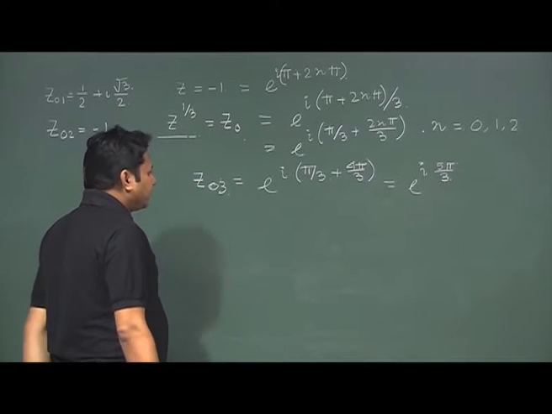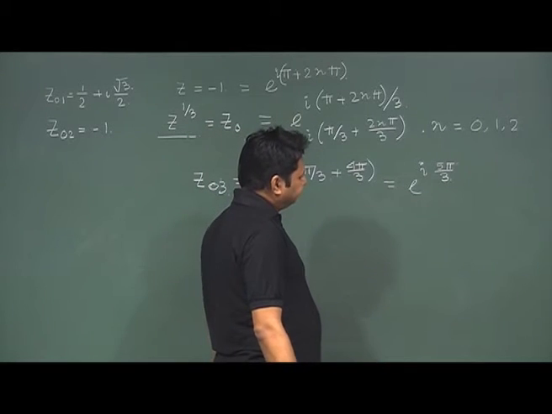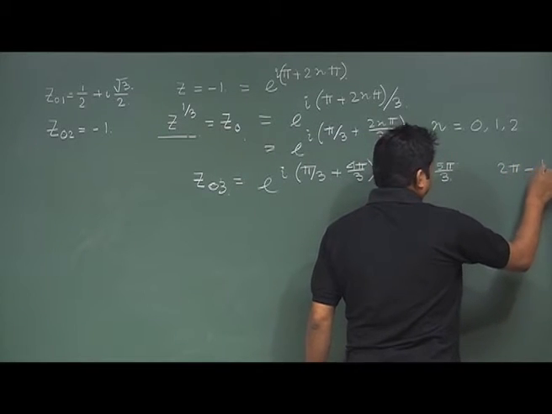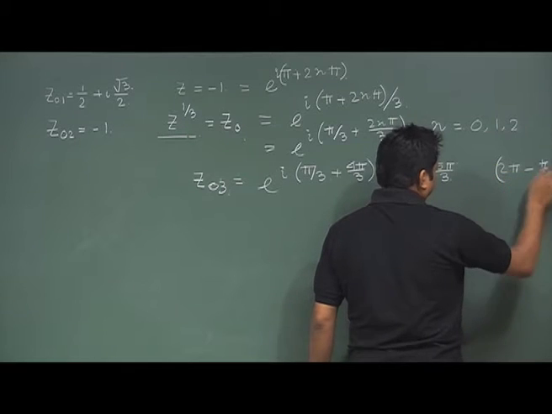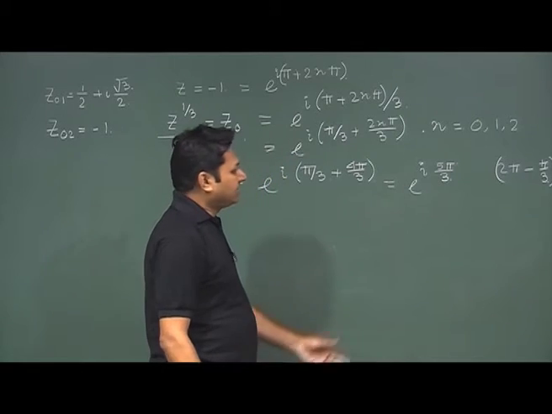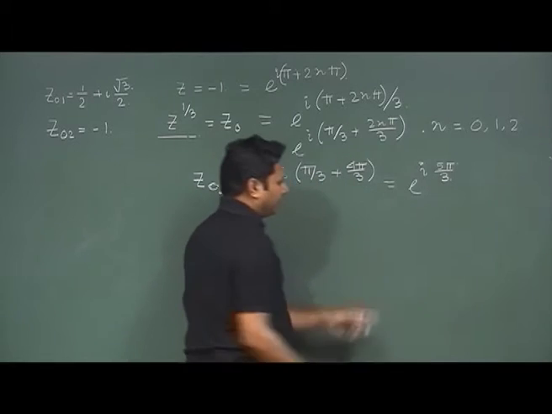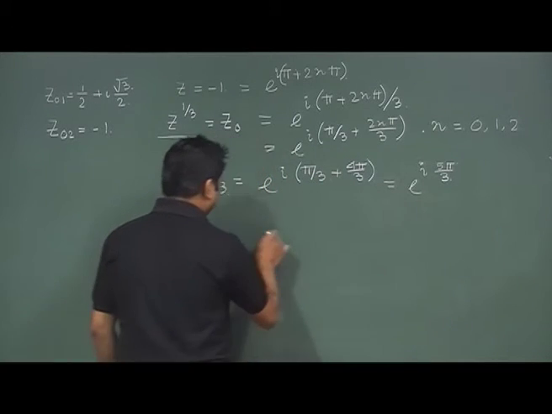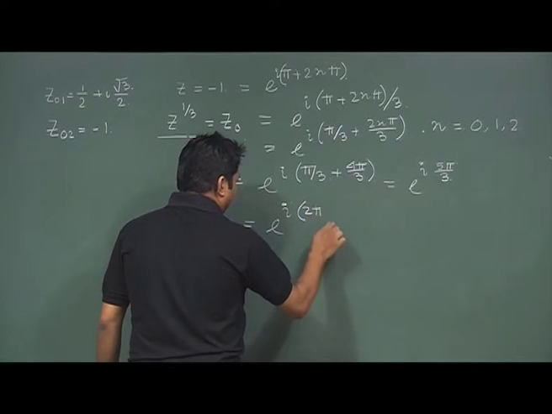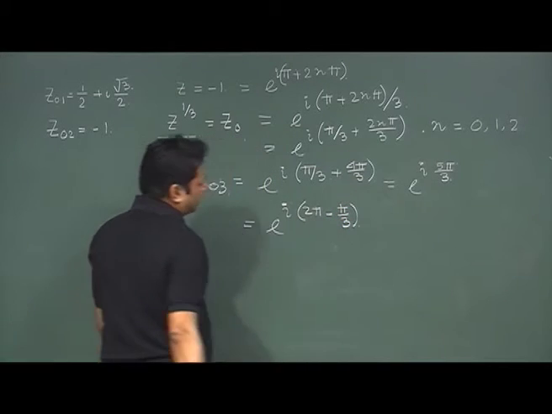So 5 pi by 3 can be written as 2 pi minus pi by 3 to make the thing easier. So this quantity I can write as e to the power I 2 pi minus pi by 3.